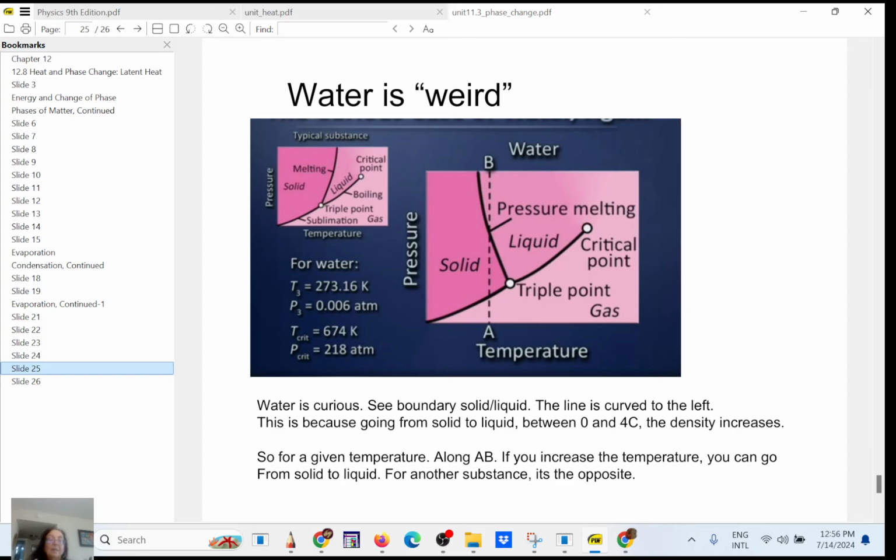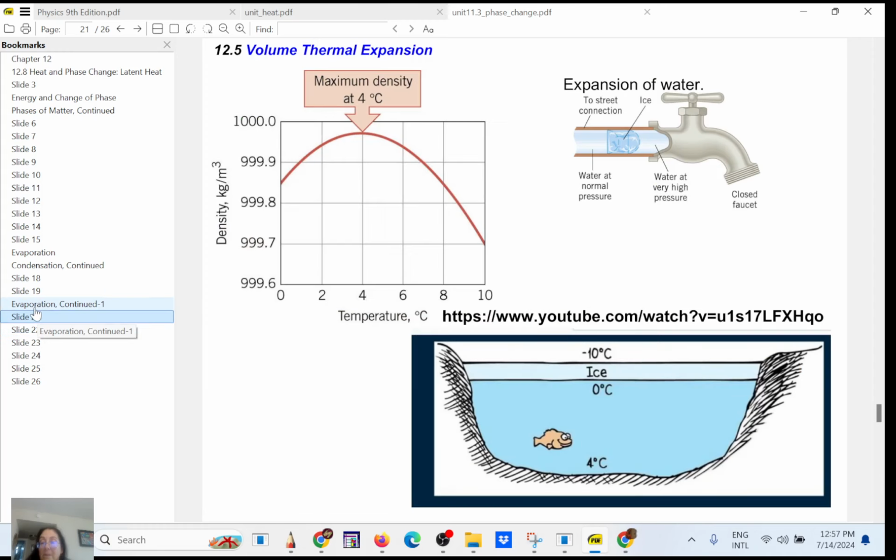So it means ice will float on liquid. Okay, so you have a lower density for the solid, and then the density will increase up to 4 degrees. So when you go to the liquid phase, the density will increase and then it will decrease again, right? So you have this very curious case here.